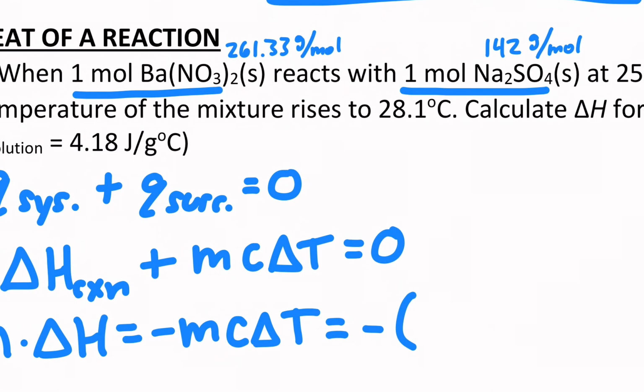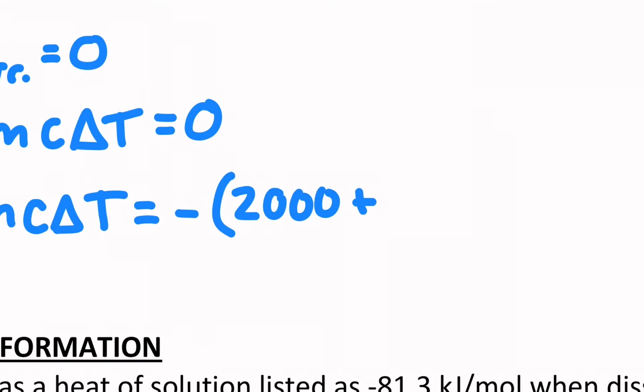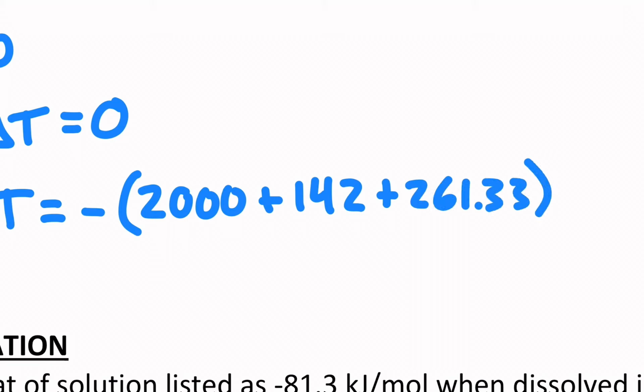Since they're getting combined, I have to add those masses. Masses are additive, so I have 2,000 for the water plus 142 for the sodium sulfate, and then another 261.33 for the barium nitrate. Maybe you can label those if that helps. That's for the water, that's the sodium sulfate, and that's the barium nitrate.